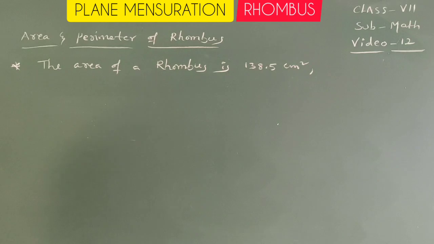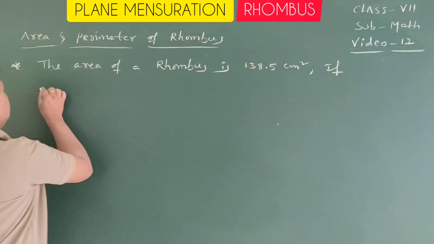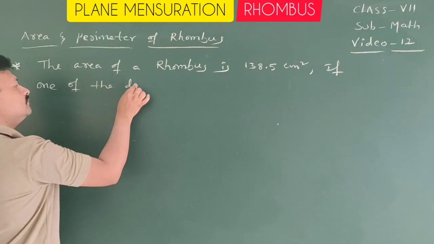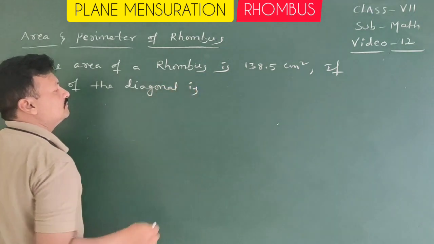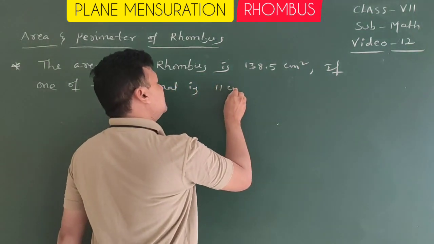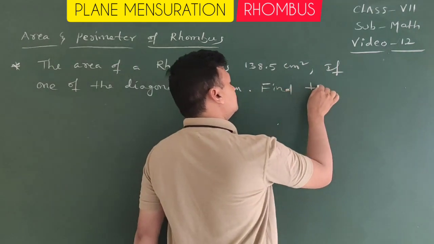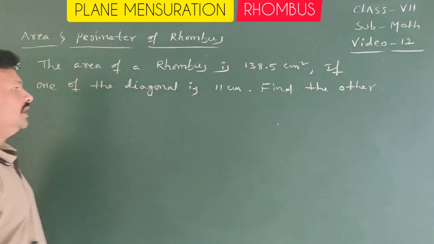If one of the diagonals is 11 centimeters, find the other.